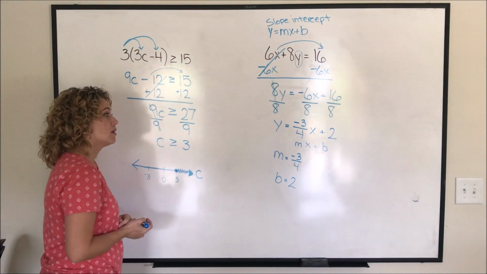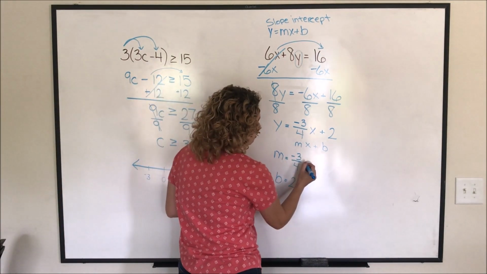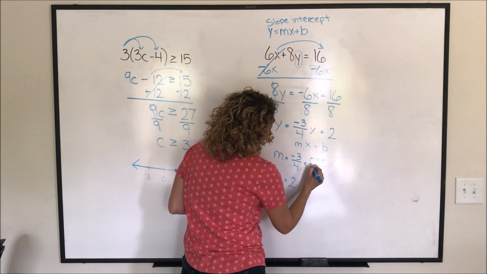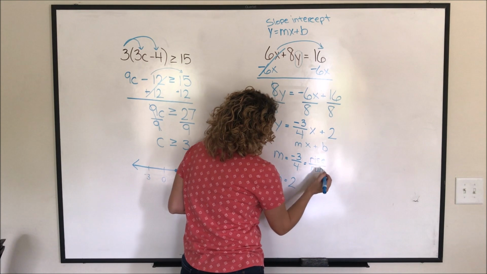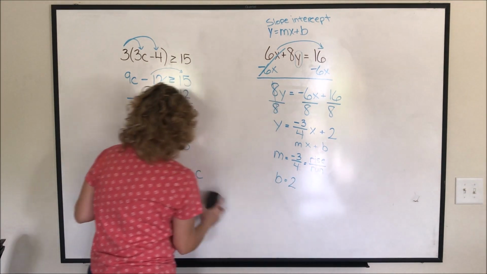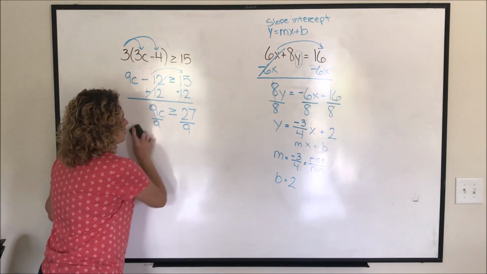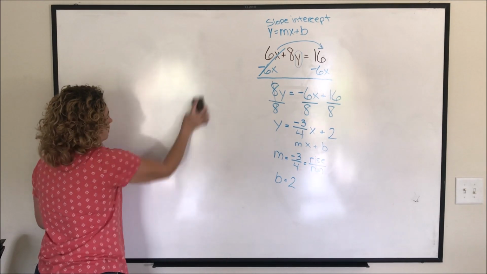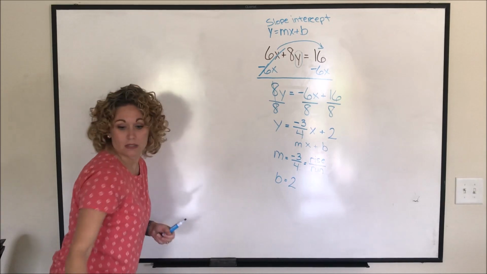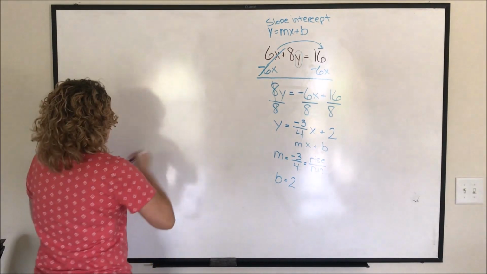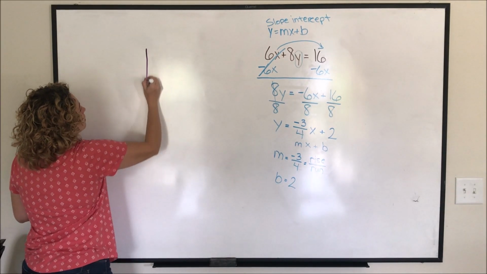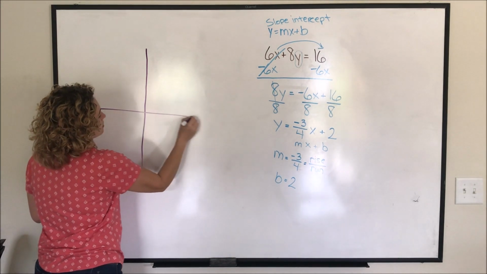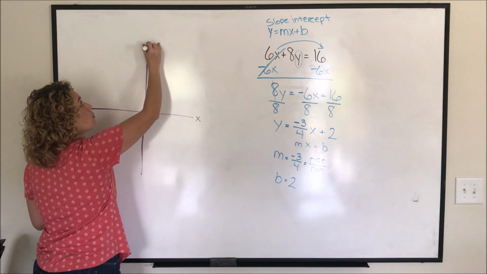Okay? The m is our slope, and slope means rise over run. Okay, so how do we get this on our graph? So here's our x-axis and our y-axis.